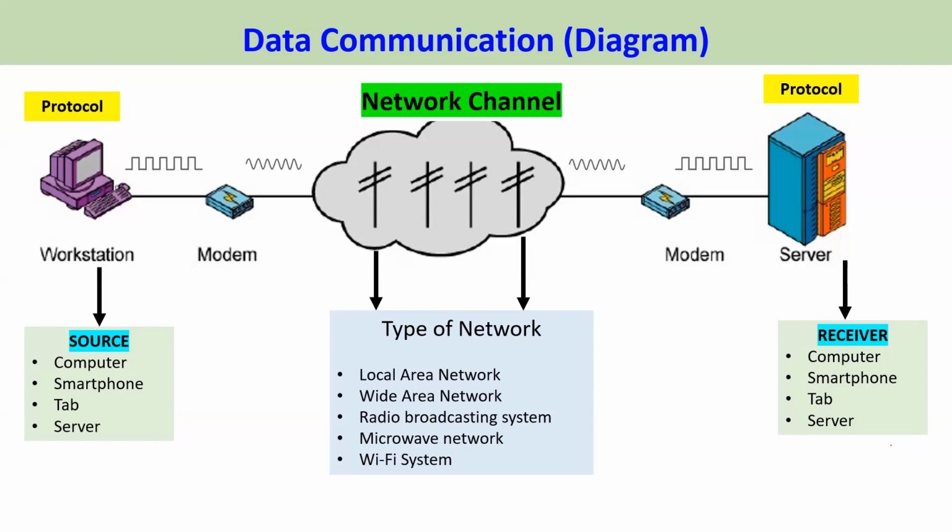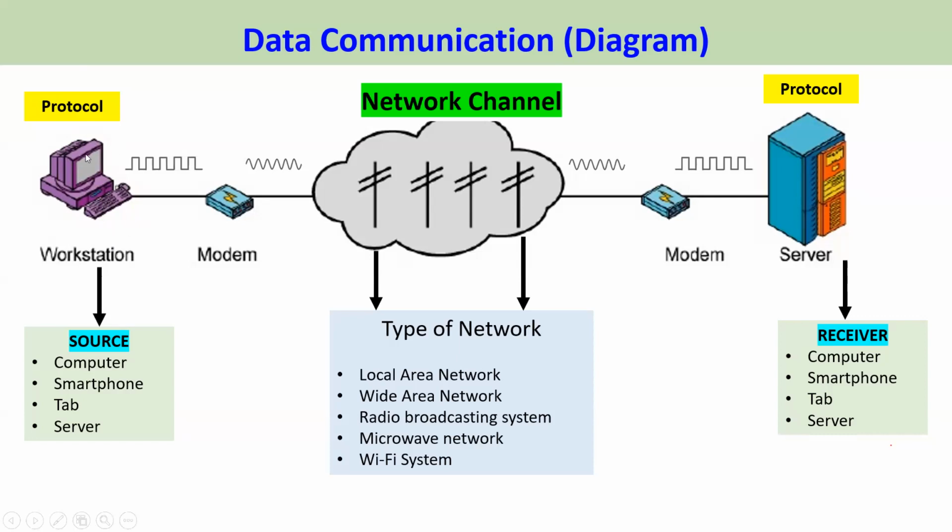Look at the diagram here. In the left corner, you can see a workstation. That's the source, also known as the sender. It is similar to the sender in normal communication.